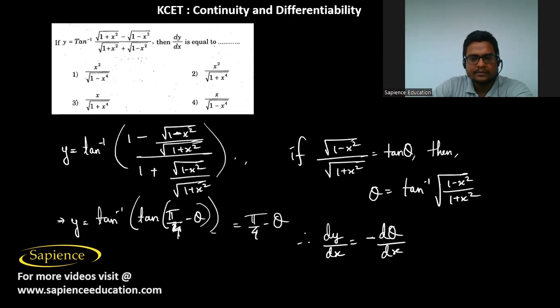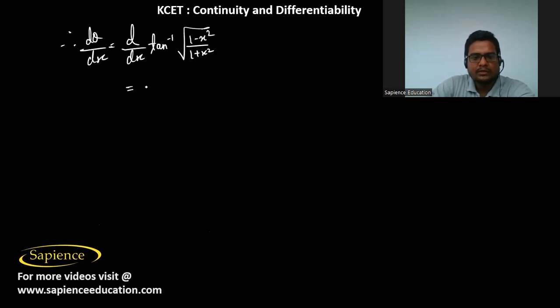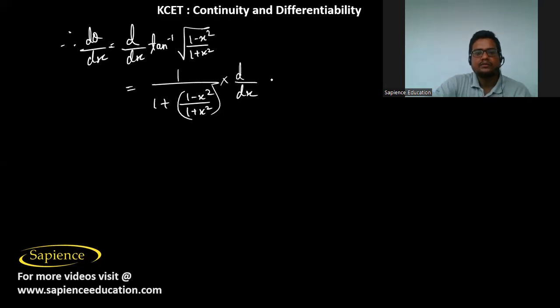This we have to find. So this will be equal to 1 by 1 plus 1 minus x square by 1 plus x square, since we have to take the square of this, into d by dx of root over 1 minus x square by root over 1 plus x square.